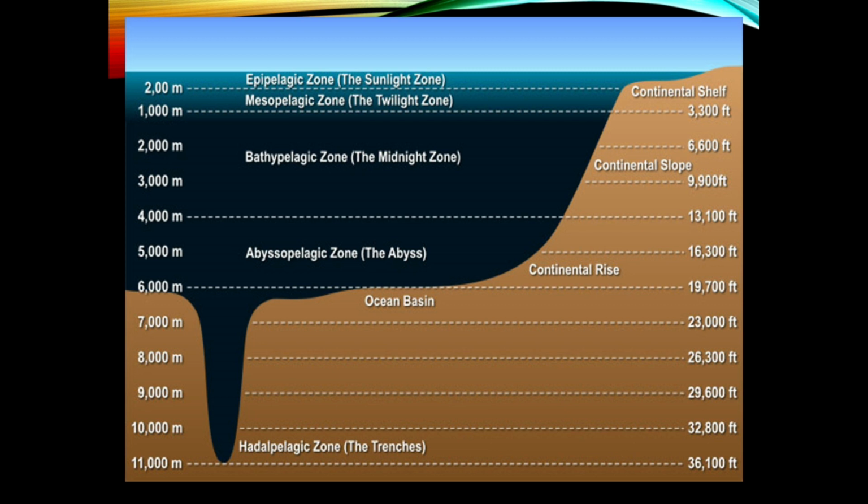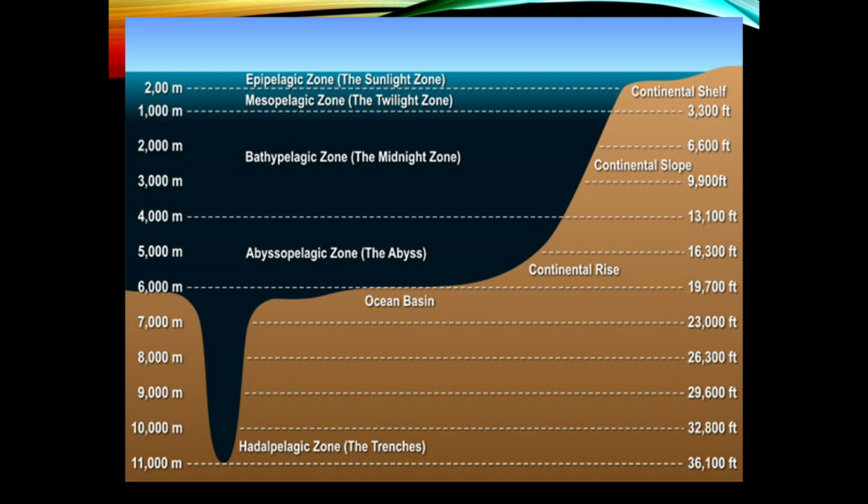These are the vertical zonation of the ocean, starting from the epipelagic zone, which is the zone where sunlight is available. Beneath the epipelagic zone is the mesopelagic zone, also known as the twilight zone. It's between 200 meters and 1000 meters. Under the mesopelagic zone is the bathypelagic zone, also known as the midnight zone, between 1000 meters and 4000 meters.